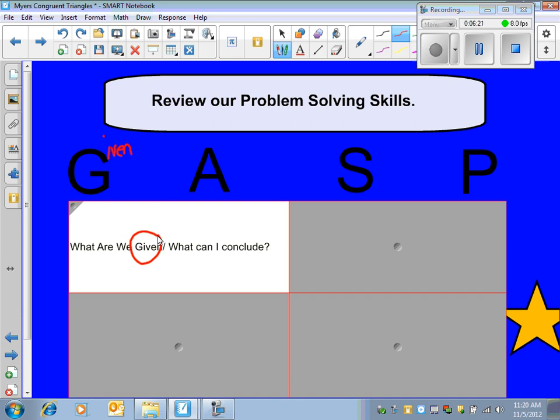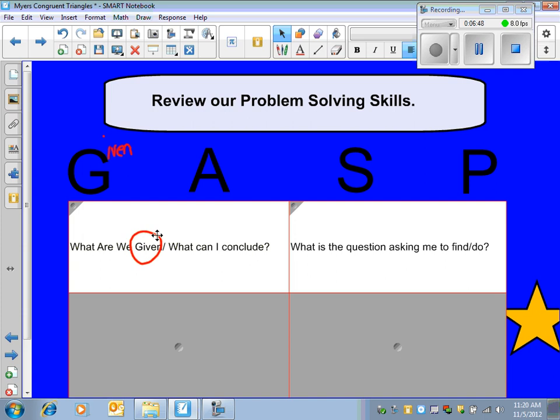Sometimes we're given a picture, and sometimes it has markings. Sometimes we're given information, and we need to show what's congruent by vocabulary words like midpoint or bisector. So always consider what am I given and what can I conclude from what I'm given. All right, we read graphs from left to right. We read books from left to right, and we're going to read this chart from left to right. All right. A.